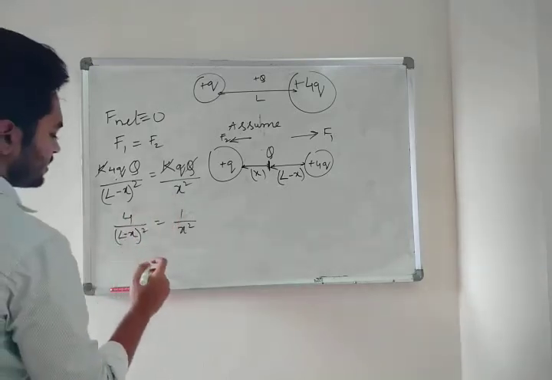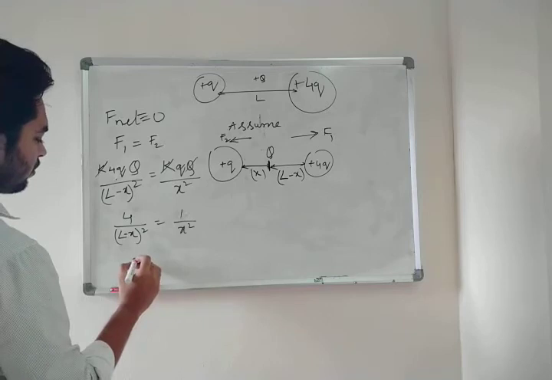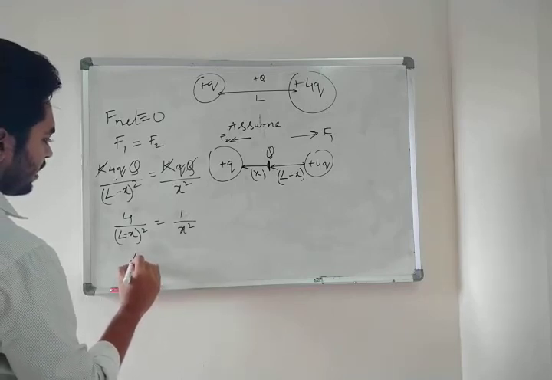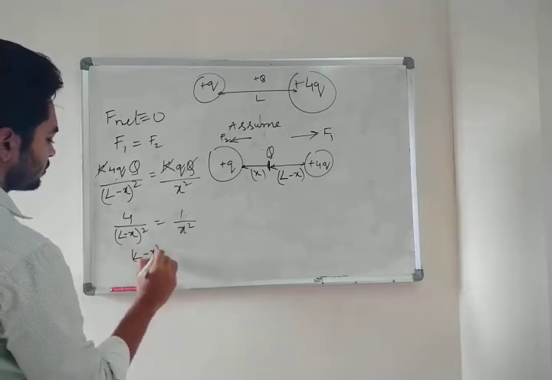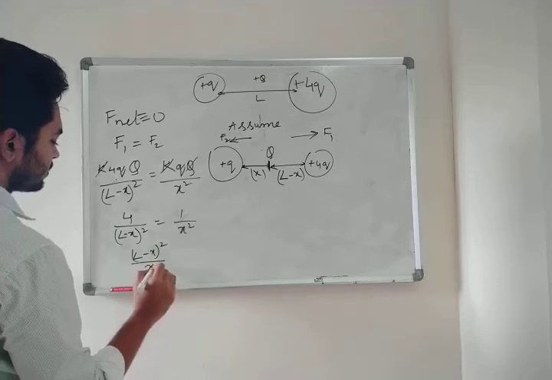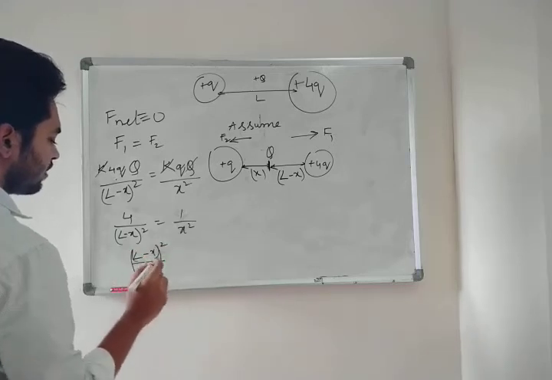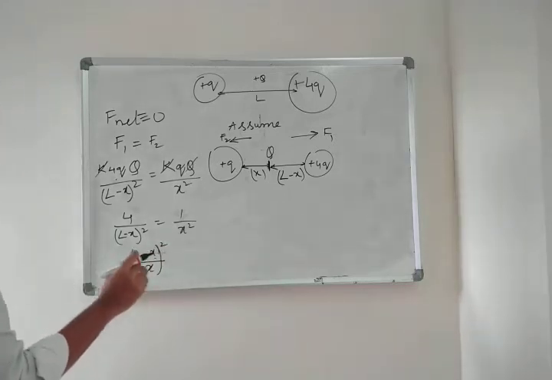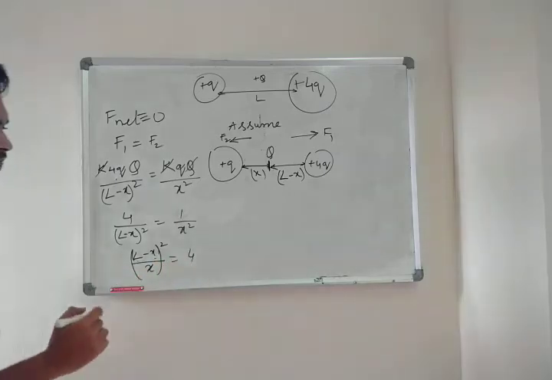Bring this L minus x whole square over there. So L minus x whole square by x square equal to 4.